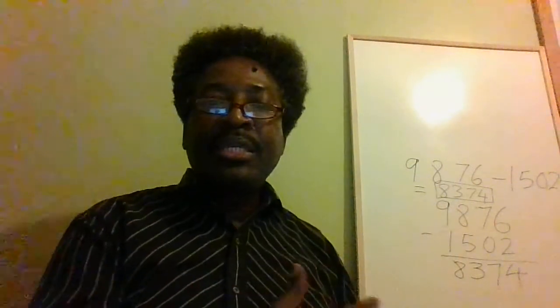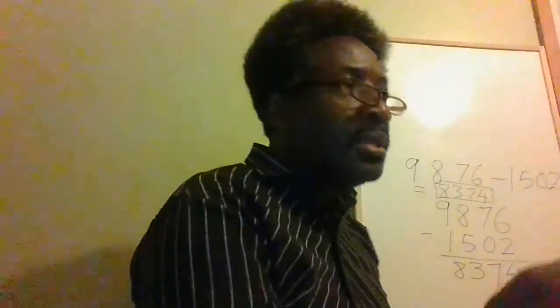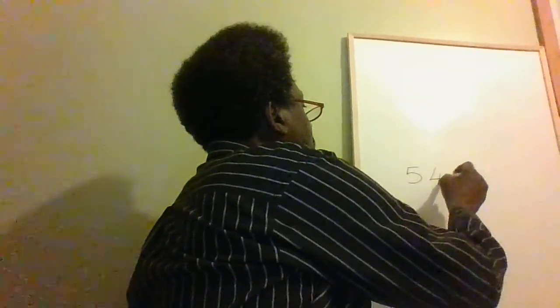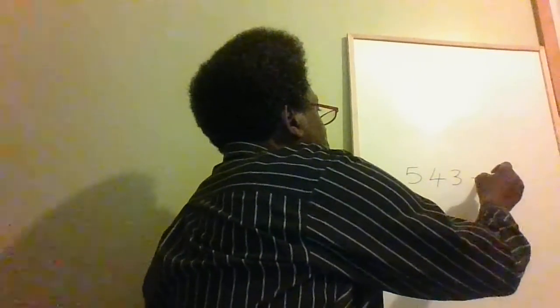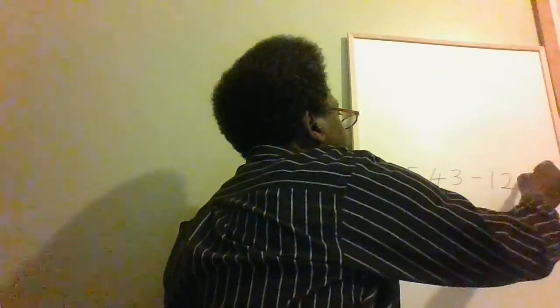Okay, this is the easy part of column method of takeaway. It gets a bit complicated when we have situations like this. What if we are given 543 take away 128?